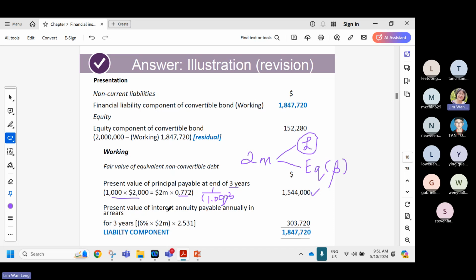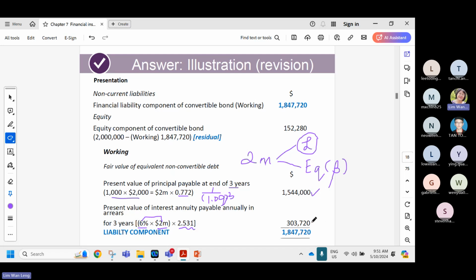During the 3 years, each year you will be paid interest. The interest is based on face value times the coupon rate. Coupon rate is 6%, so 6% times 2 million will be your interest. But you also have to present value it, 1 year from now, 2 years from now, 3 years from now, cumulatively. This is the present value factor on a cumulative basis for 3 years.